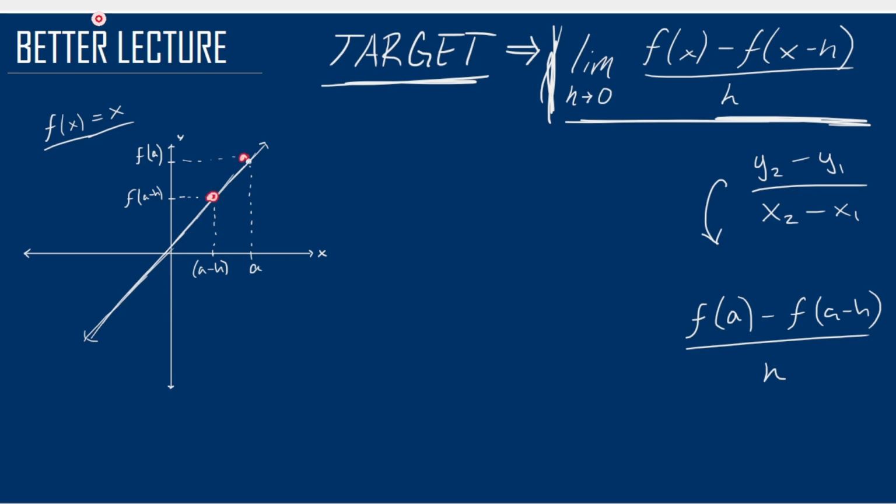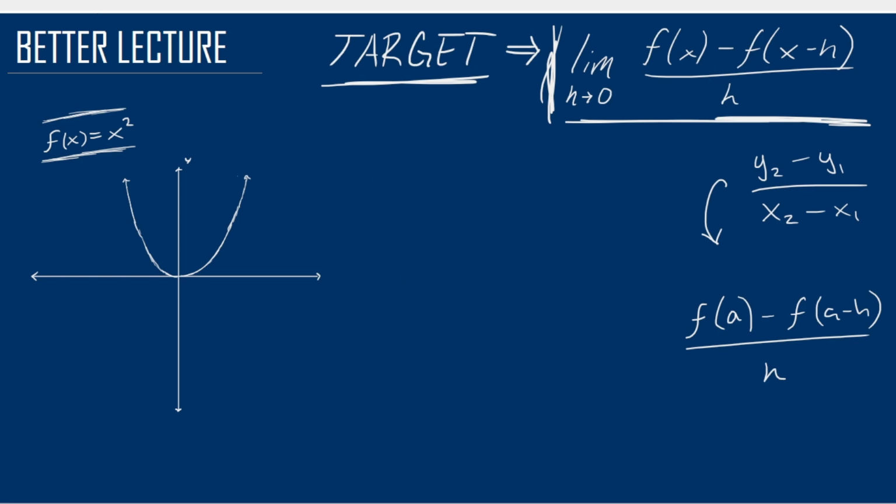So here you can see we have 2 points, and since it's a linear function, any 2 points have the same slope here. But if we take a look at f of x is equal to x squared, you can see if we take 2 points, the line doesn't line up with our function.